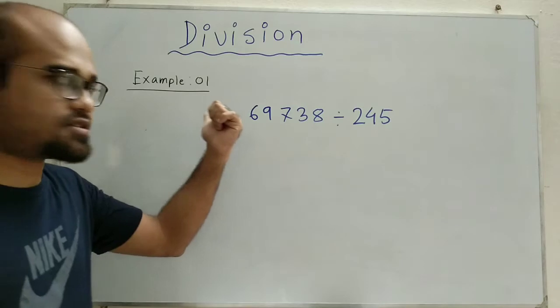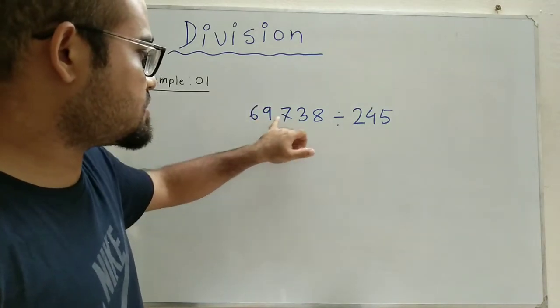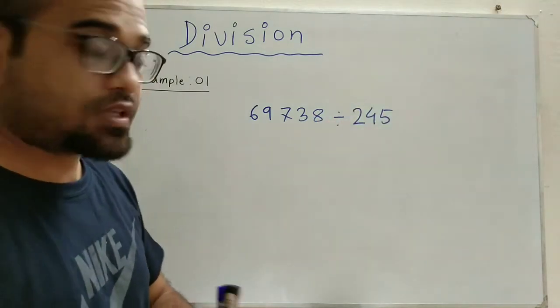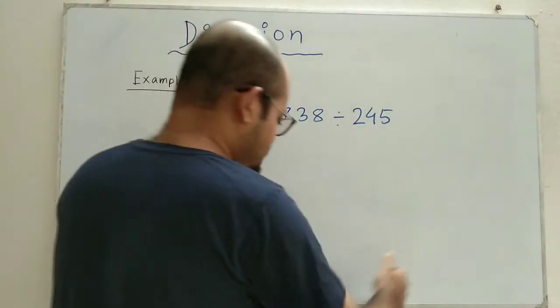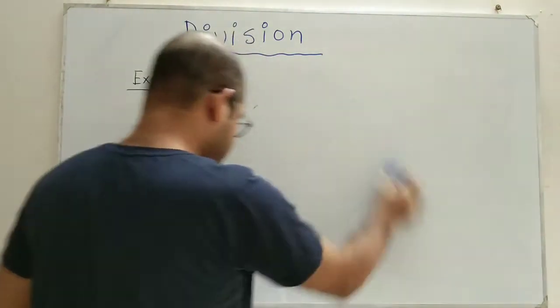As you can see in the first example, we have been asked to divide 69,738 by 245. Since the space available is not adequate, I am going to rub out the original example.